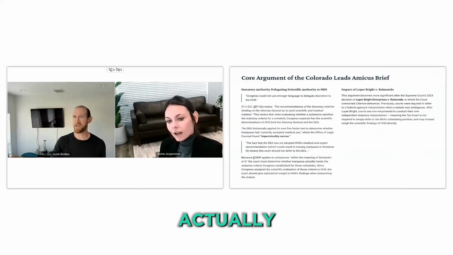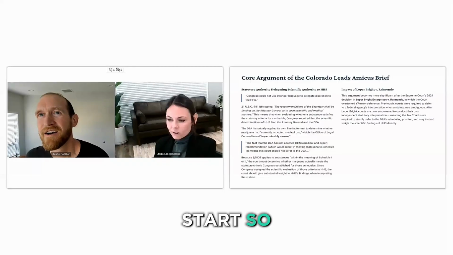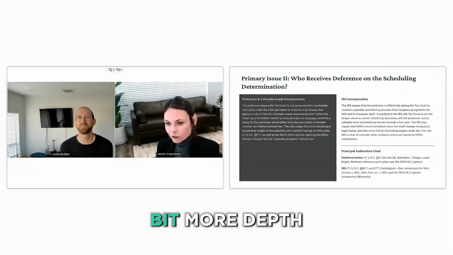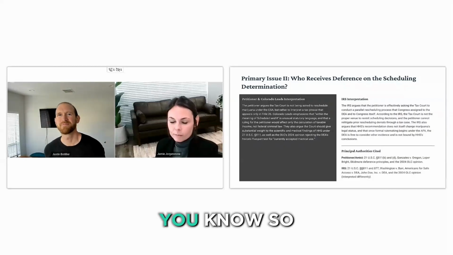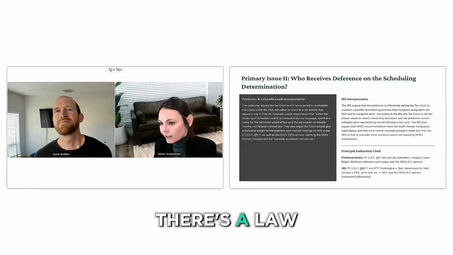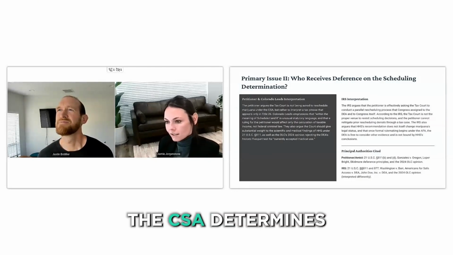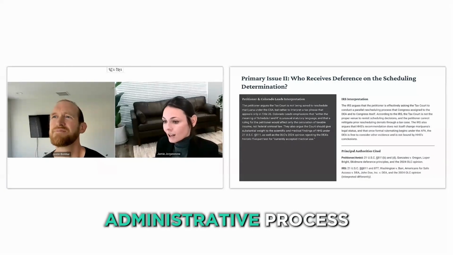Yeah, and actually, could you go back to that other slide, the deference one? I think that was a good one to start. So to go a little more in depth on what we mean by this: there's a code, a law that says exactly how rescheduling happens. It's the CSA, and it determines that administrative process.